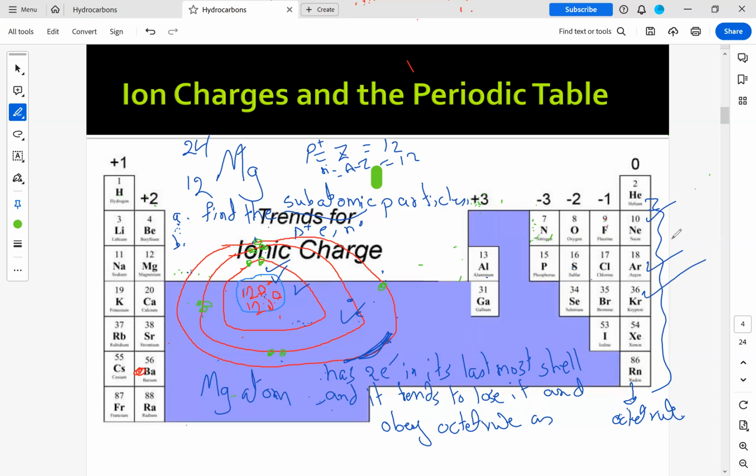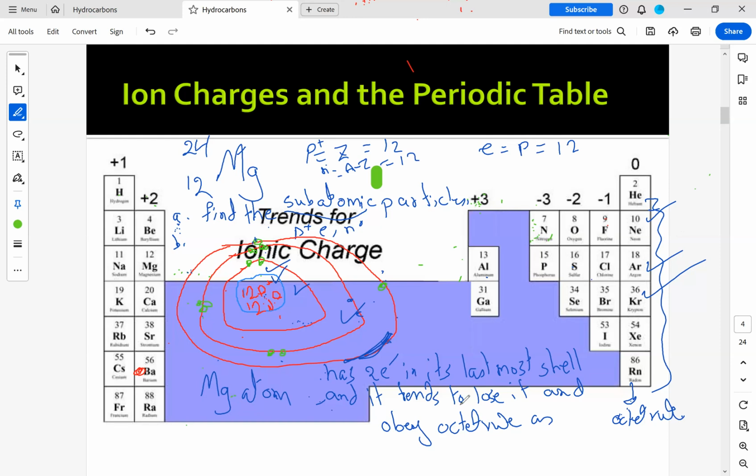Which one? If magnesium lost 2 electrons, how many electrons will it have now? It has 12. You said magnesium's electrons equal protons equal 12. If it lost 2, how much will it have now? It will have 10. Do you know why?